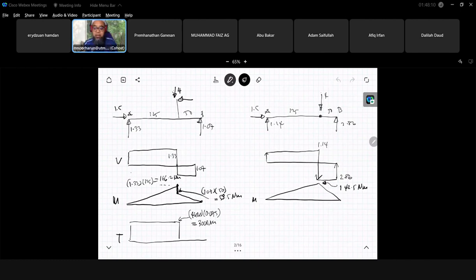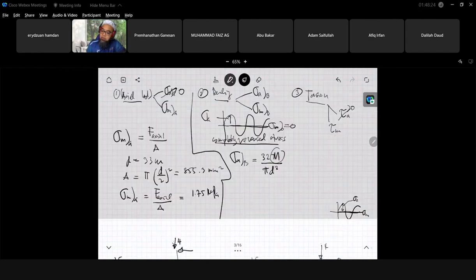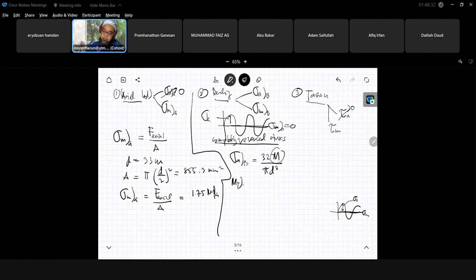Different planes. So we have to consider both 166 and 142. 166 and 142. So total bending ialah 166.2 plus 142.5.